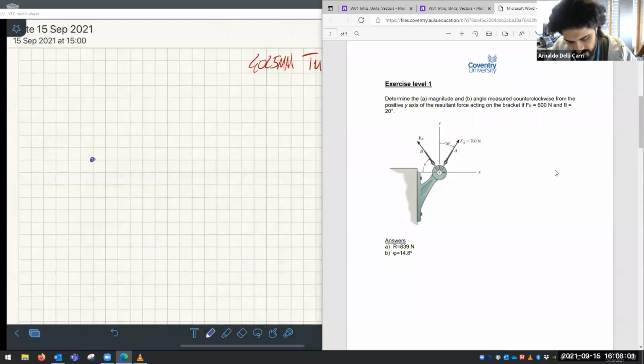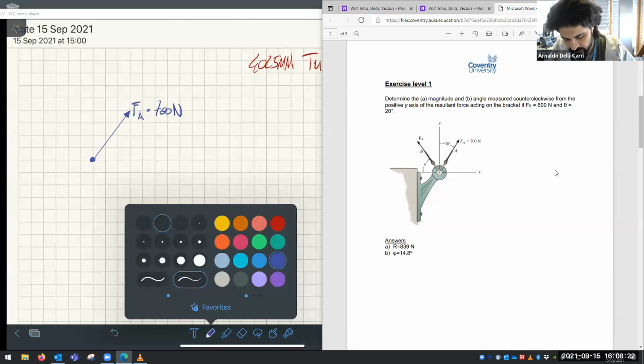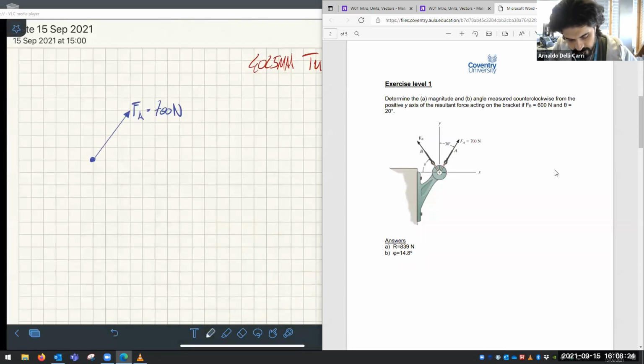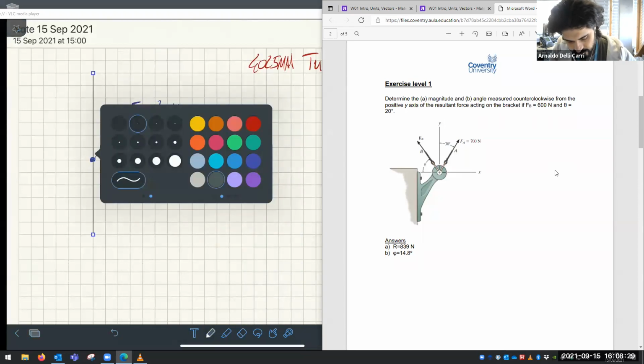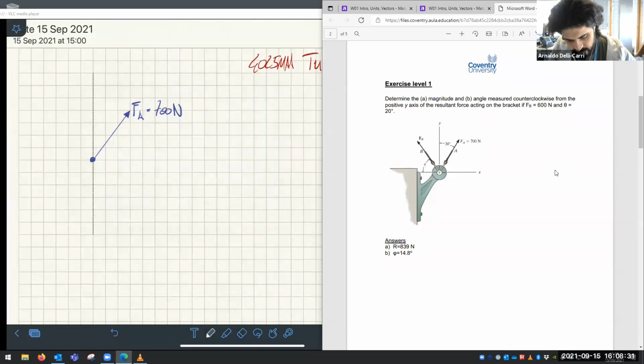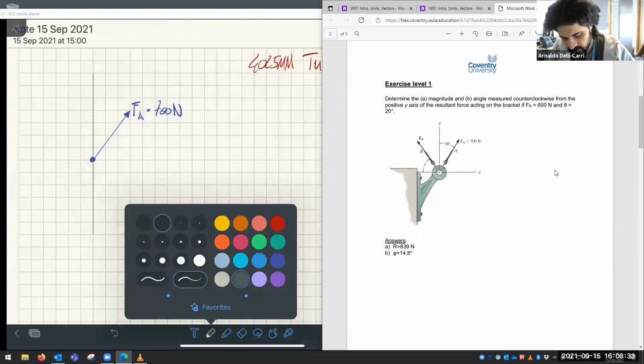So this is the center of the bracket, and we have one vector, which is this one, say, that is FA, 700 newtons, and it's angled at 30 degrees.